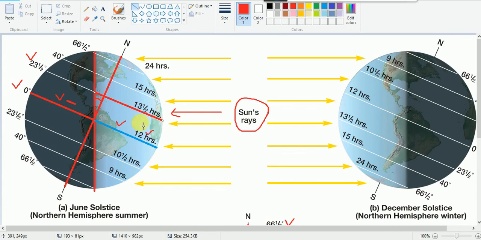In this case daytime is longer than the nighttime, and this section represents the nighttime. This side represents the nighttime, and you will see that the daytime is longer than the nighttime.